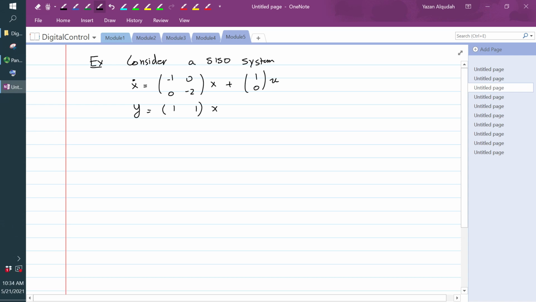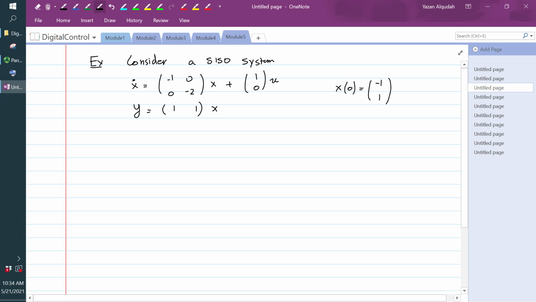D is the feed forward matrix, which means if there is a direct connection between the input and the output, then we will have a D matrix. In most of the systems that we're going to be seeing, D is going to equal 0. There's not going to be an input that is directly connected to the output. So if anybody is confused, like, at one point you mentioned D and you never used it, why are we not having D?